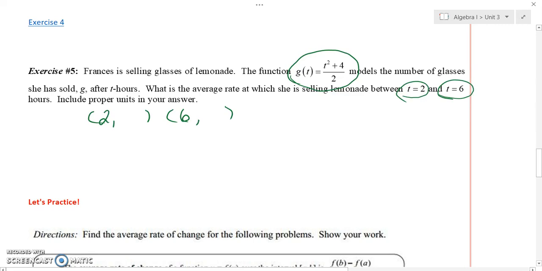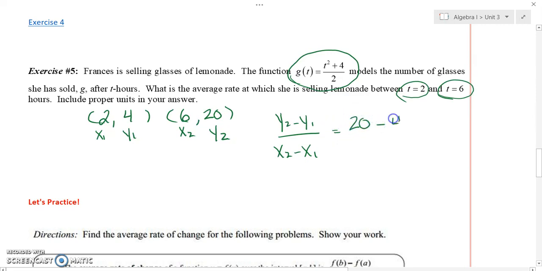Okay, hopefully you were successful in finding the y's. For 2, the y is 4. For 6, the y is 20. Label them x1, y1, x2, y2. Use your formula, y2 minus y1 over x2 minus x1. What is our y2? 20. What is our y1? 4. What is our x2? 6.